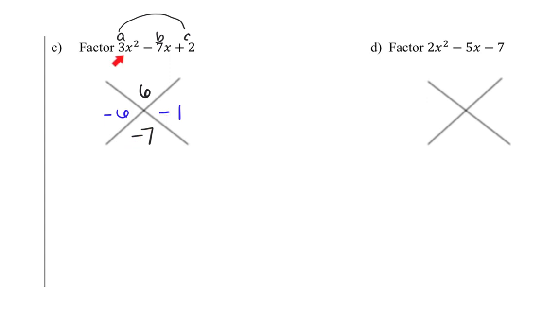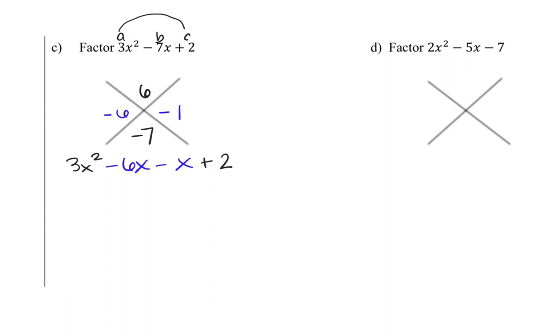Now I'm going to rewrite my original trinomial with 4 terms to set it up for factor by grouping. So this negative 7x gets rewritten with these two numbers. That's going to give me 3x squared minus 6x minus x plus 2.